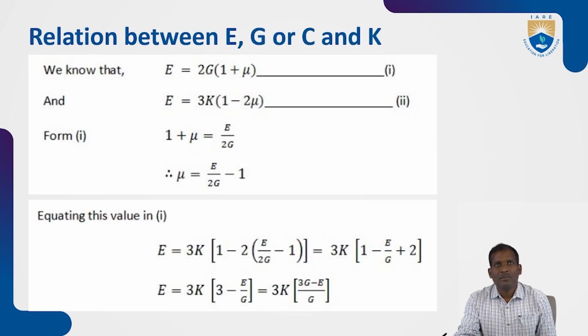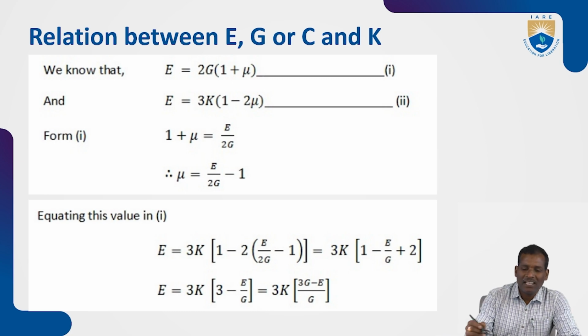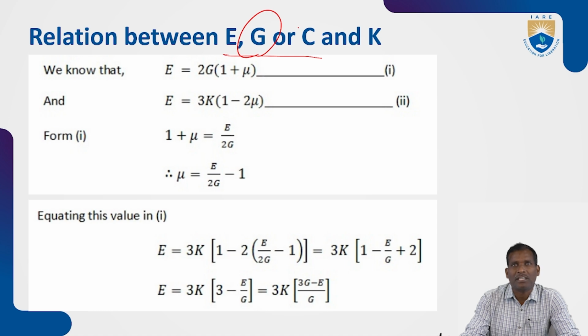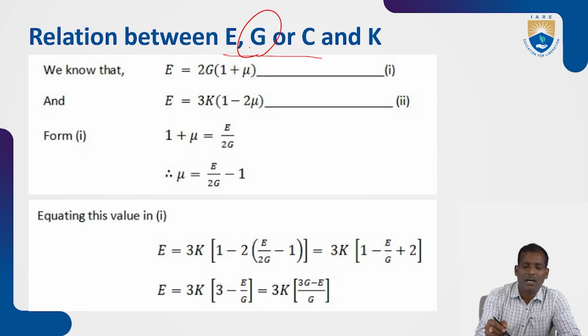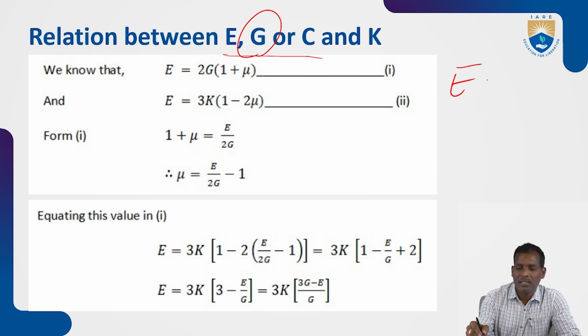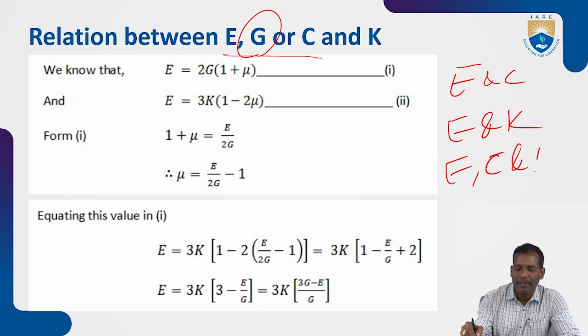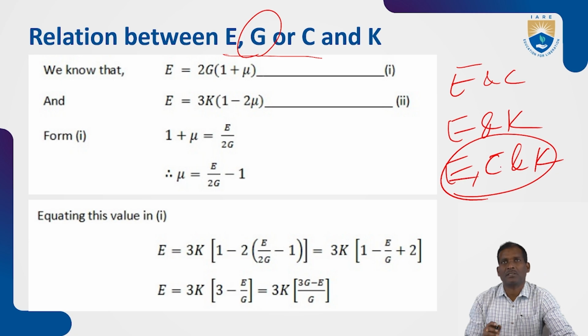Now we will derive the relation between E, G or C, and K. What is G? G is also the modulus of rigidity, or C. You can represent it with G or C. You have derived the relation between E and C, and the relation between E and K. Now you have to derive the relation between these three.